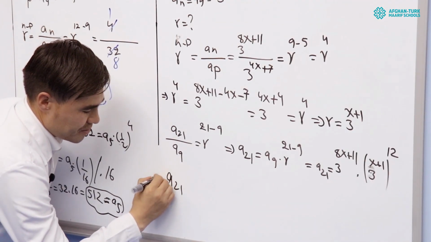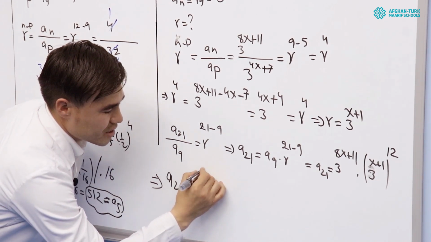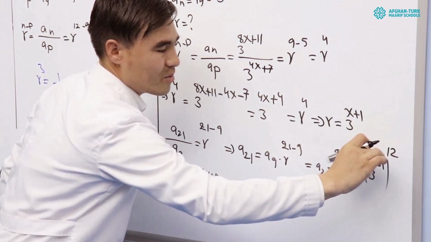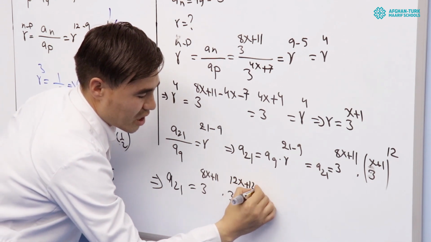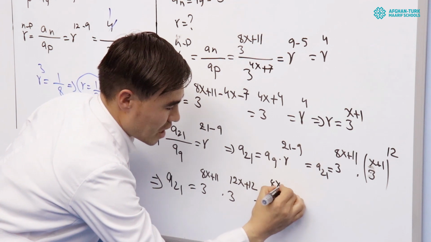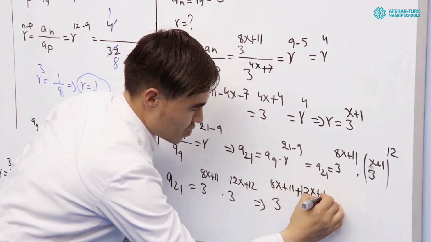Here a21 will be 3 to the power of 8 times x plus 11, times 3 to the power of 12 times x plus 12, because the powers are multiplied together. This is equal to 3 to the power of 8 times x plus 11 plus 12 times x plus 12.